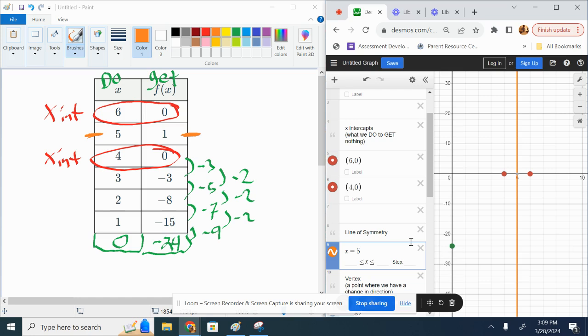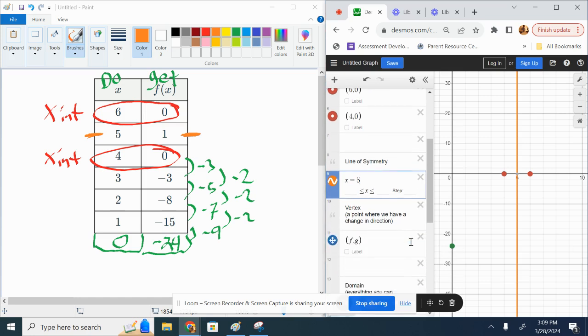Okay, and next, once we know our line of symmetry, we also know what the vertex is. So that's this point right here. This is our vertex. We know that because it's in the middle of the repeated values. It's where we change direction. What do I mean by that?